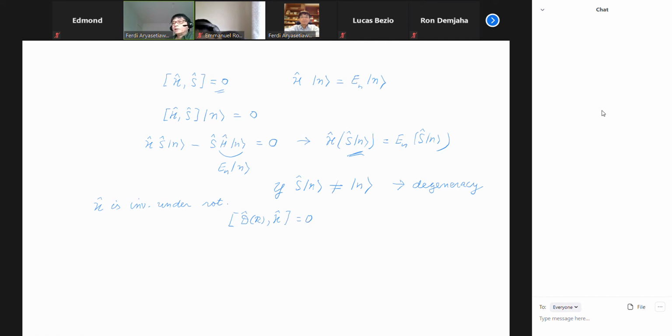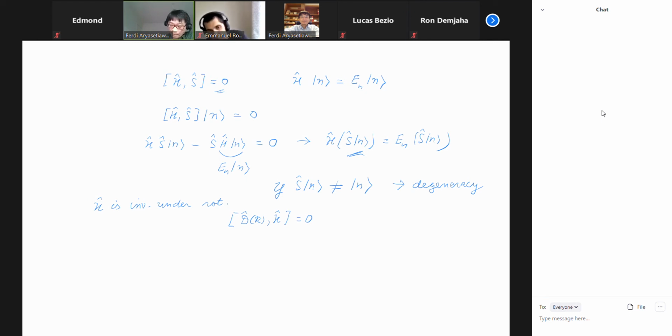So for example, we have an atomic problem, like the hydrogen atom. The potential is spherically symmetric. More generally, you have a spherically symmetric potential, which could be a harmonic potential in 3 dimensions.